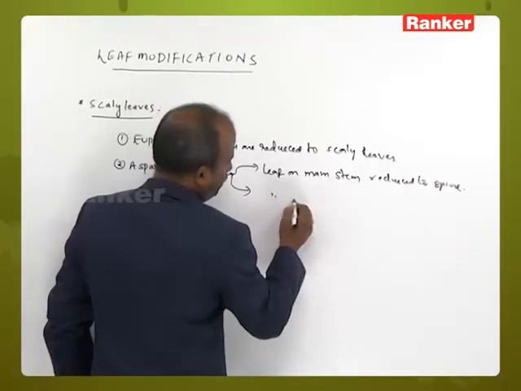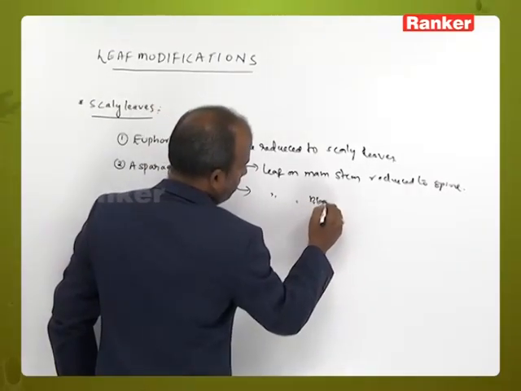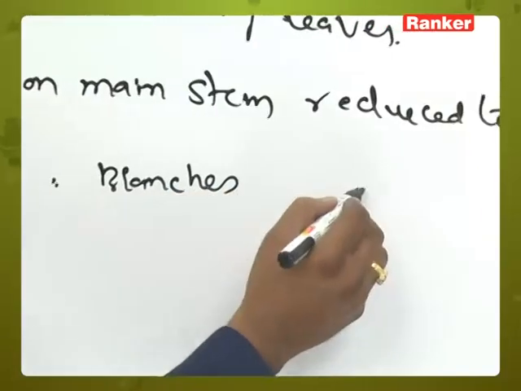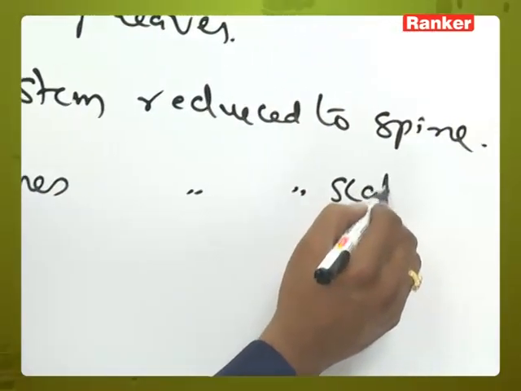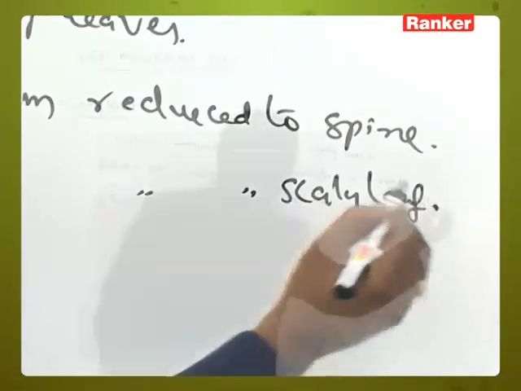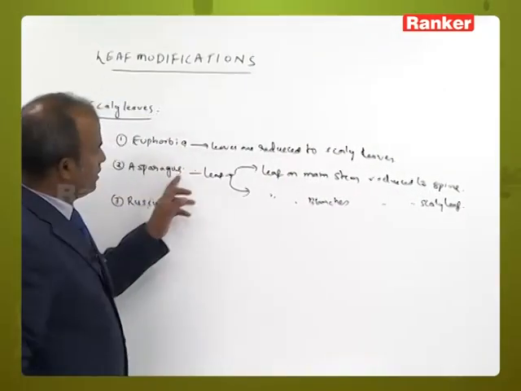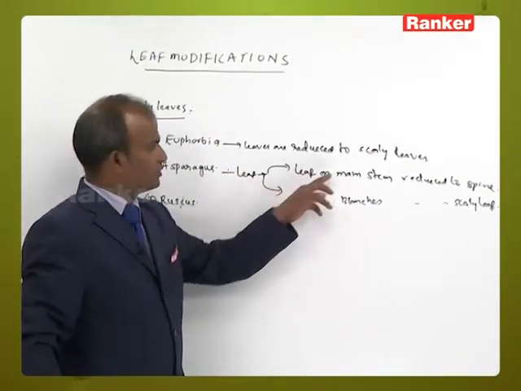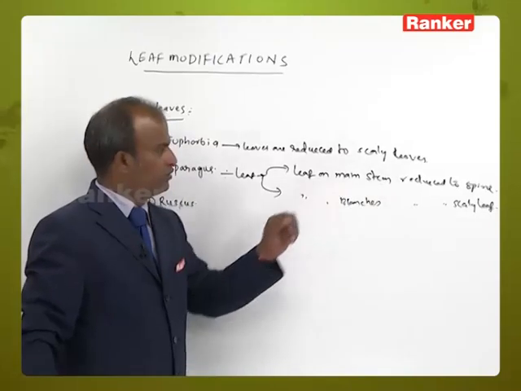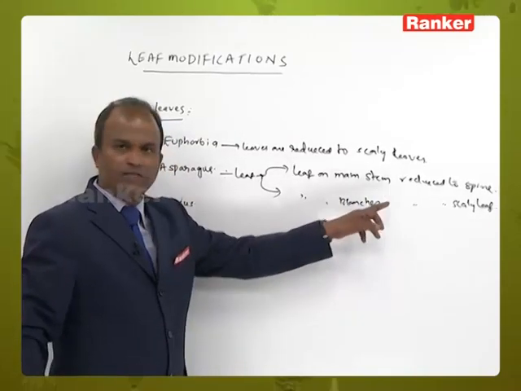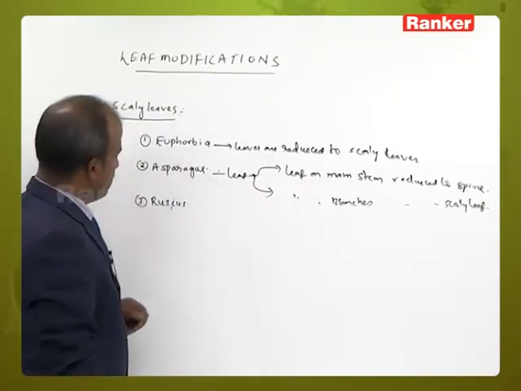Next, the leaf on branches is reduced to scaly leaf. So in asparagus, leaf shows two modifications: the leaf on the main stem is reduced to spine, and the leaf on branches is reduced to scaly leaf.